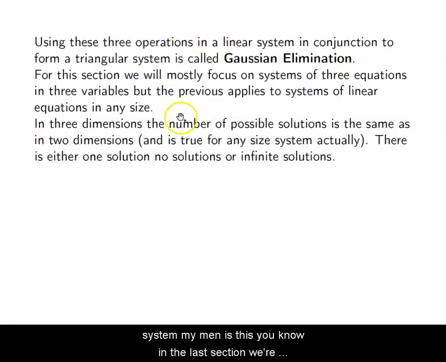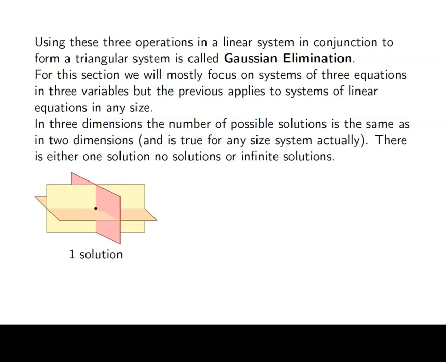In the last section we were talking about R2, the Cartesian plane, the rectangular coordinate system. This is true in any kind of coordinate system, whenever the systems are linear. If we're doing nonlinear equations, where we have curves and parabolas, then it's different. You can have more than one solution. But for lines and planes, it's always one solution, no solutions, or infinite solutions.